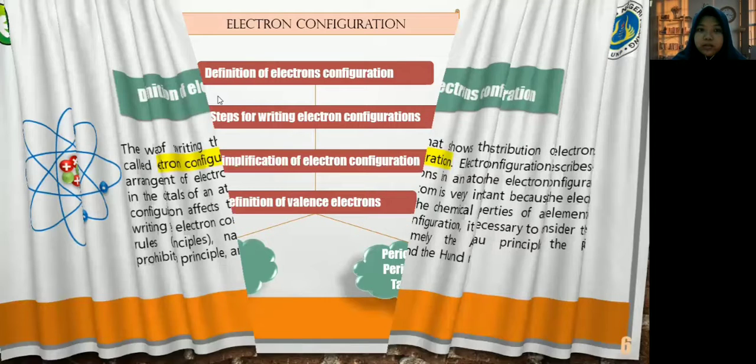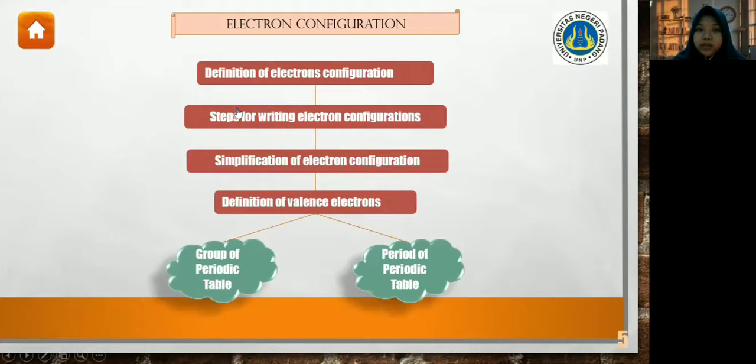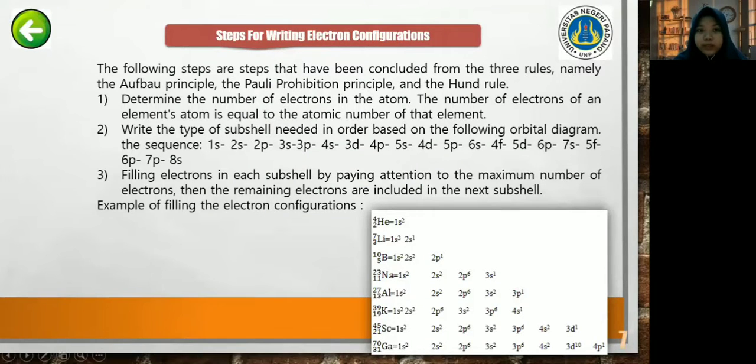Okay, next I will tell you about steps for writing electron configuration. The following steps are steps that have been concluded from the rules of the Aufbau principle, the Pauli exclusion principle, and the Hund rule.